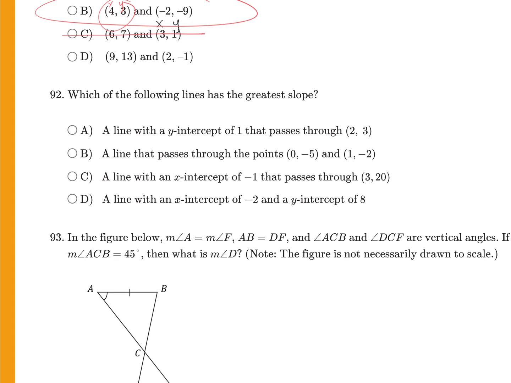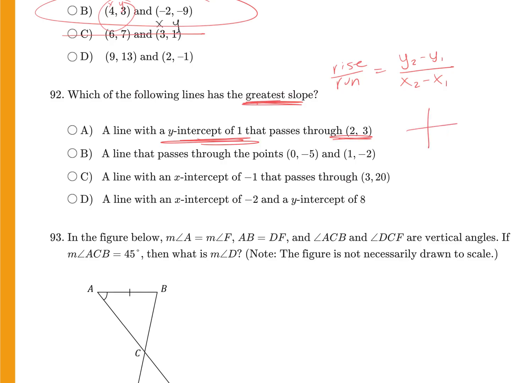Okay, which of the following has the greatest slope? Slope is rise over run if you have a graph, or the formula y2 minus y1 divided by x2 minus x1. It says a line with y-intercept of 1 and passes through the point 2, 3.